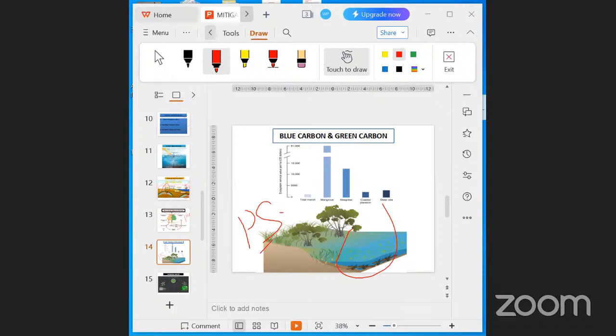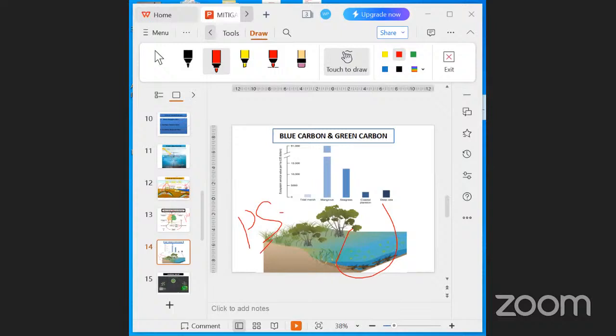So these coastal ecosystems are very efficient at sequestering and storing carbon. Each square mile of these systems can remove carbon from the atmosphere and oceans at rates higher than each square mile of mature tropical forest, right?